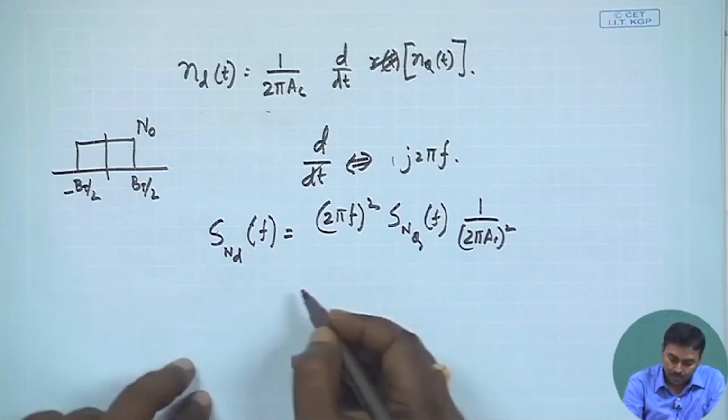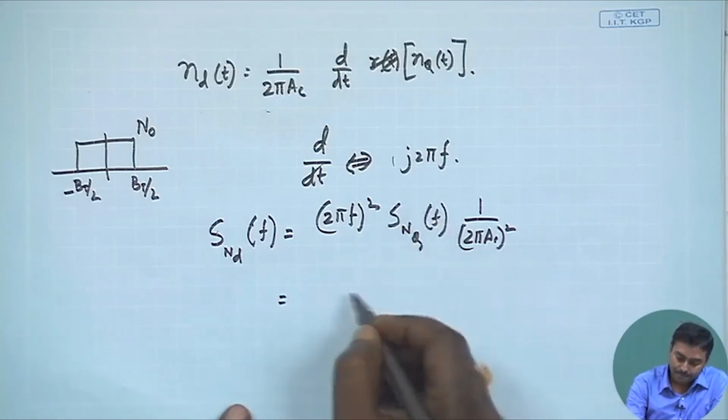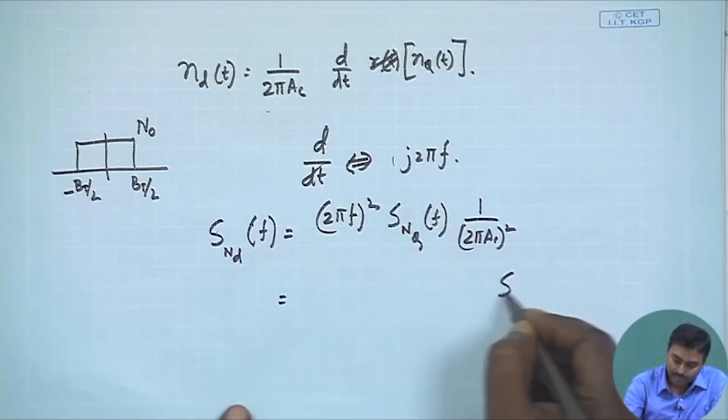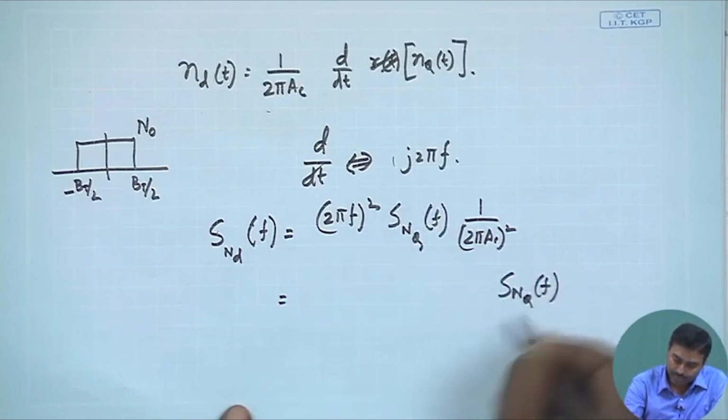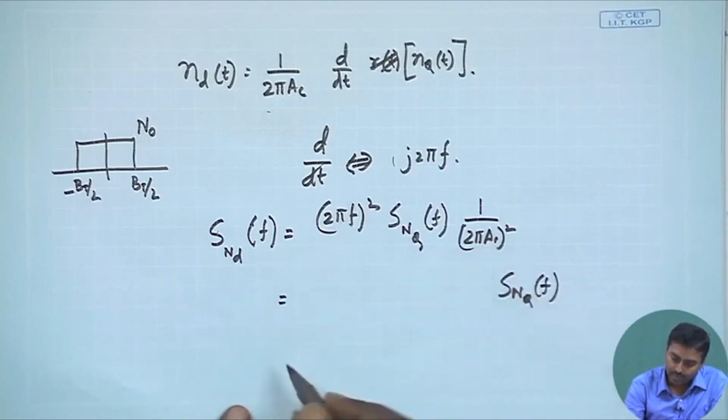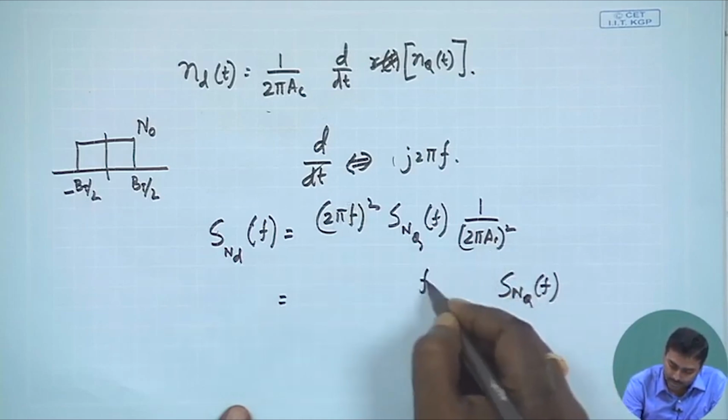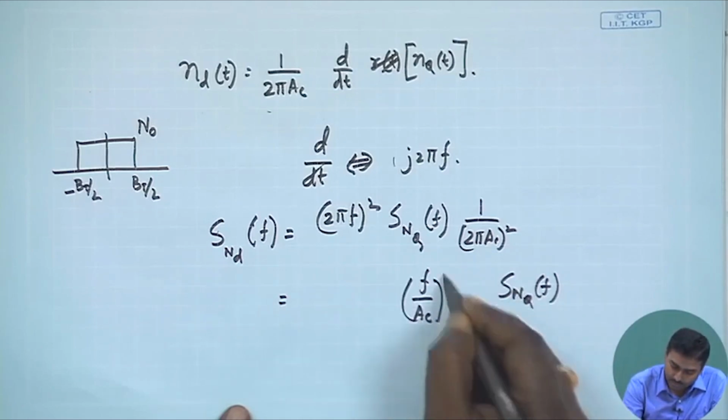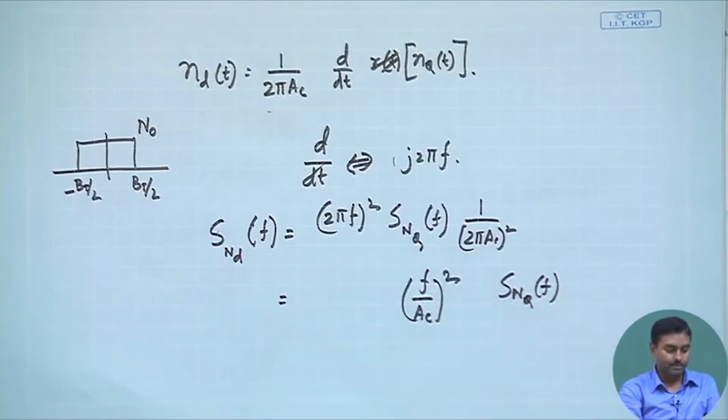So, what do I get from there? S_NQ f is already there, and here 2 pi square gets cancelled. So, I get f by AC whole square times S_NQ f.